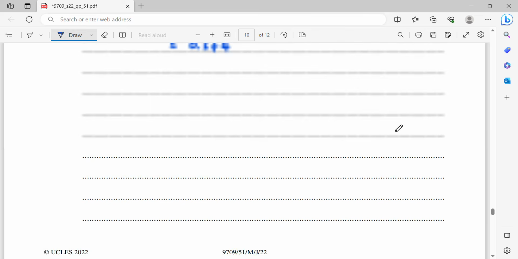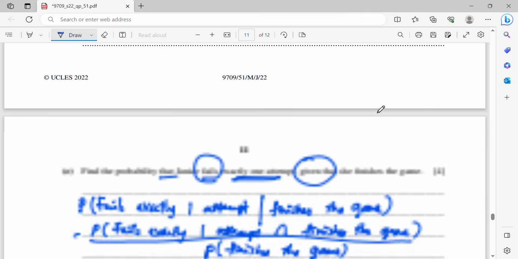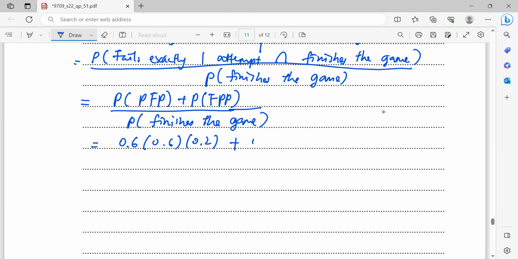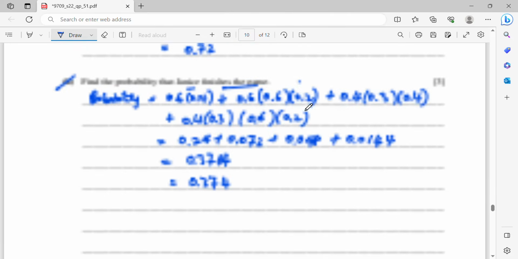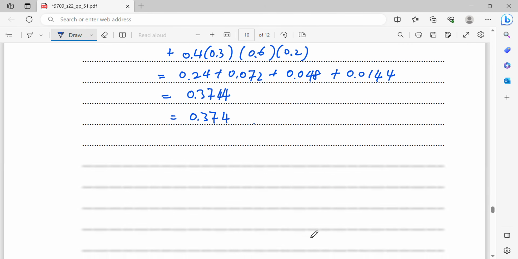FPP will be 0.4, 0.3, 0.4. So the probability that she finishes the game is the answer from previous part. Okay, which is 0.374.